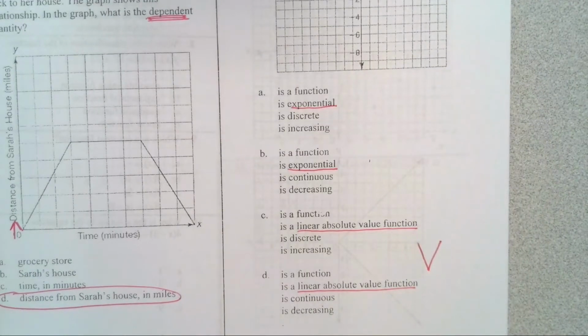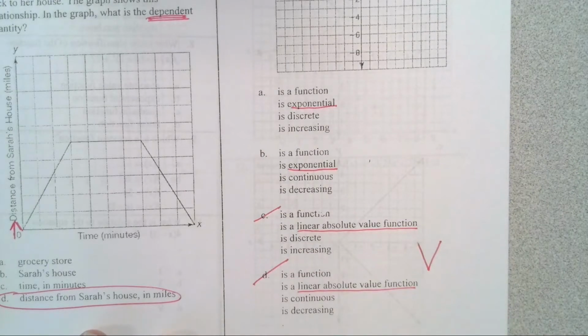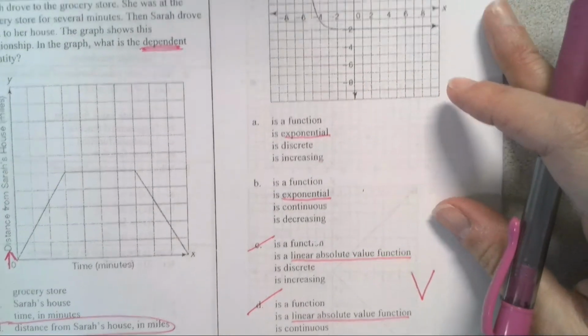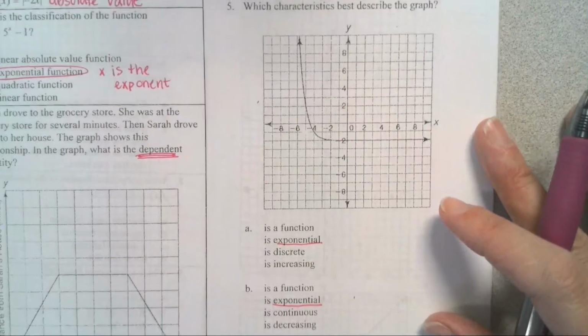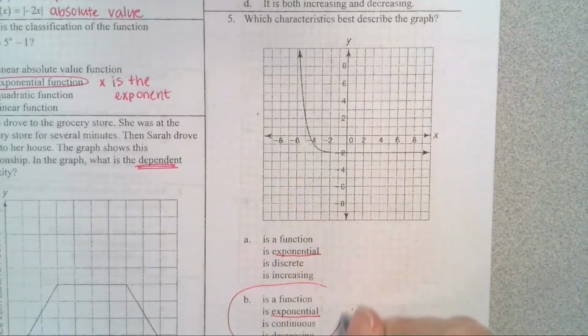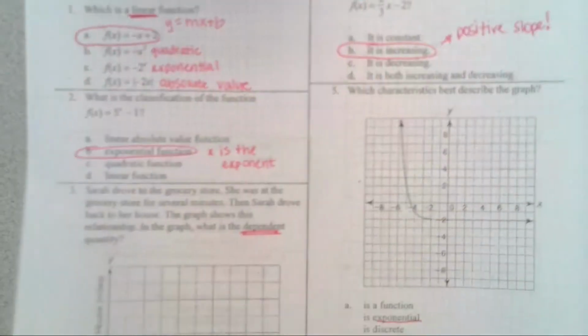Well, this doesn't look like that, so C and D are out. What's the difference between A and B? Increasing, decreasing. Does this graph go up the whole time or down the whole time? Down. So it's B. Lovely. Are we doing good so far? Yeah. Beautiful.